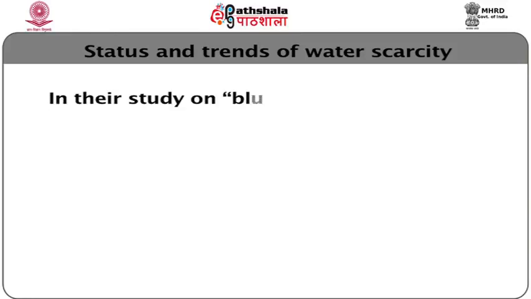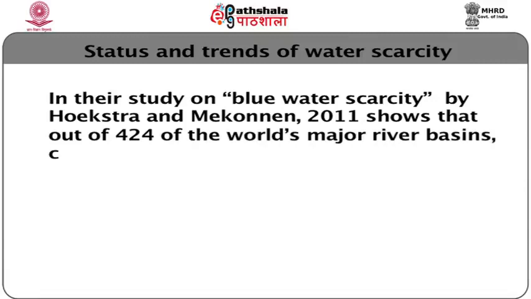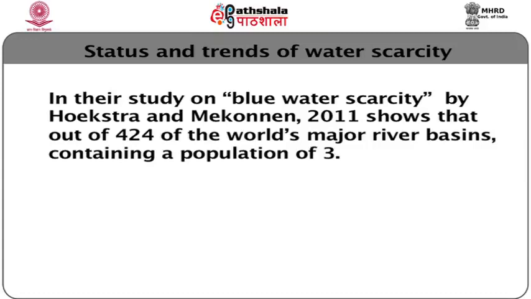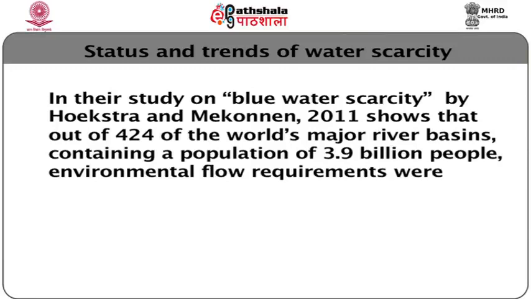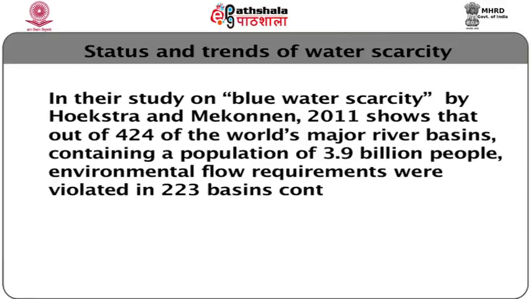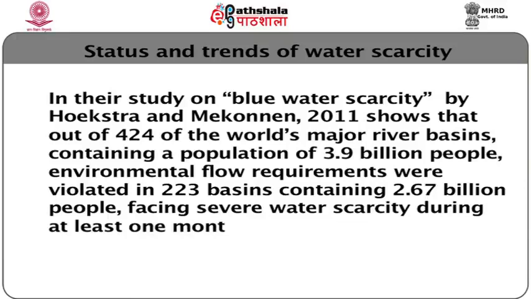In their study on blue water scarcity, Hoekstra and Mekonnen carried out the study in 2011 and show that out of 424 of the world's major river basins containing a population of about 3.9 billion, environmental flow requirements are violated in 223 basins containing about 2.63 billion people, facing severe water scarcity during at least 1 month of a year.